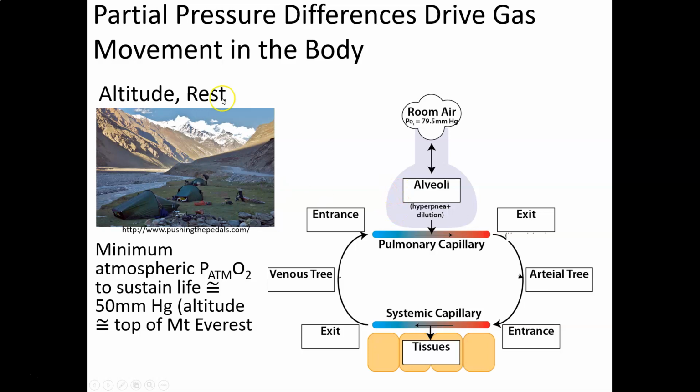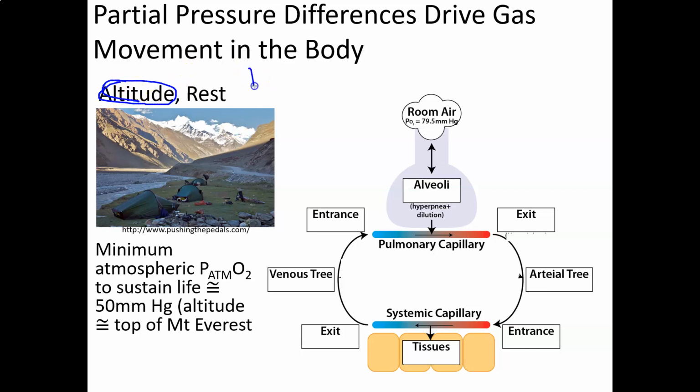So at room air, when we're at altitude, what happens to the partial pressure? Looking at this condition, there's a couple things we can say. First off, at altitude, we didn't say what altitude it was, and you have to define what the altitude is, or at least what the total pressure is, so you can do your calculations.